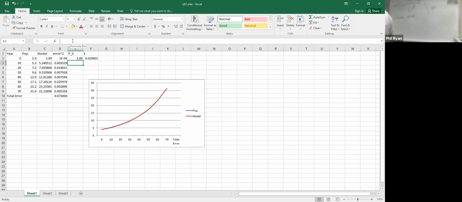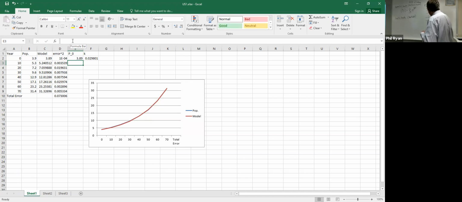So his idea was that instead of having a constant growth rate, this is Malthus.